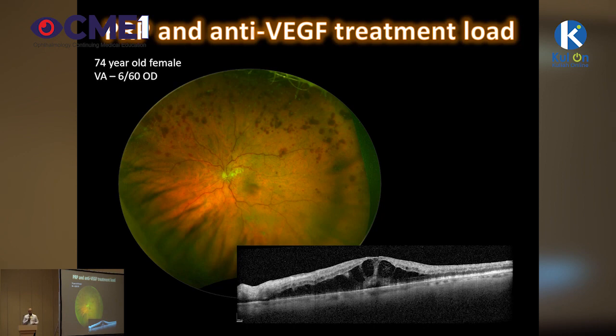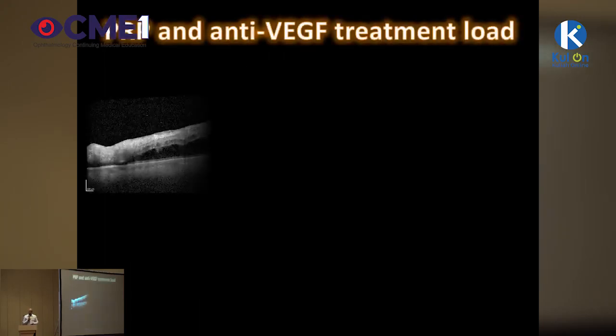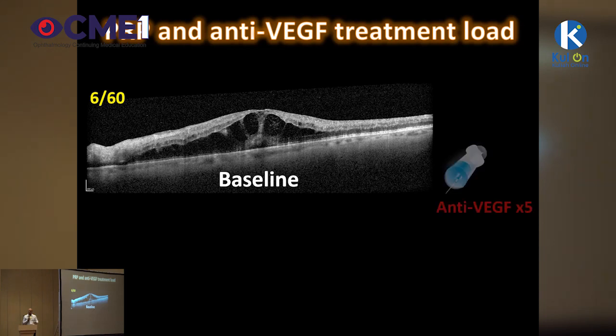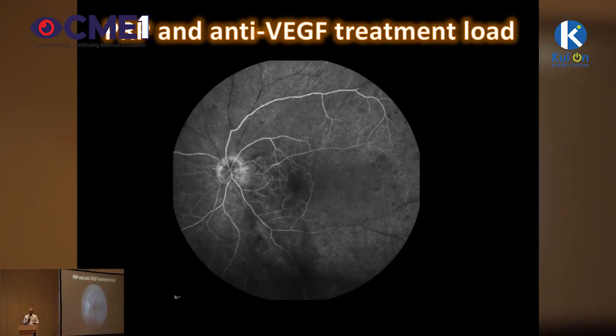So presented with a central branch retinal vein occlusion, 6/60 vision with macular edema, and that's their fluorescein angiogram. 6/60 at baseline. Gave them 5 injections and they're 6/60 still, even though the macula is completely dry on OCT.